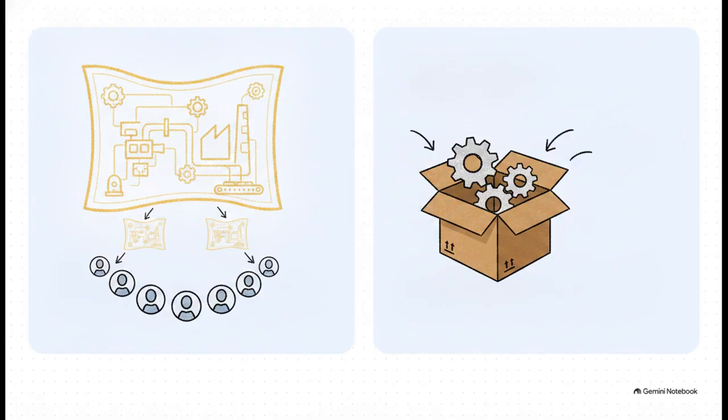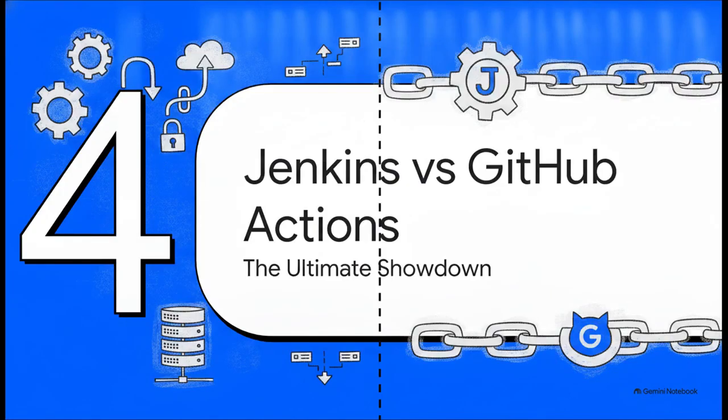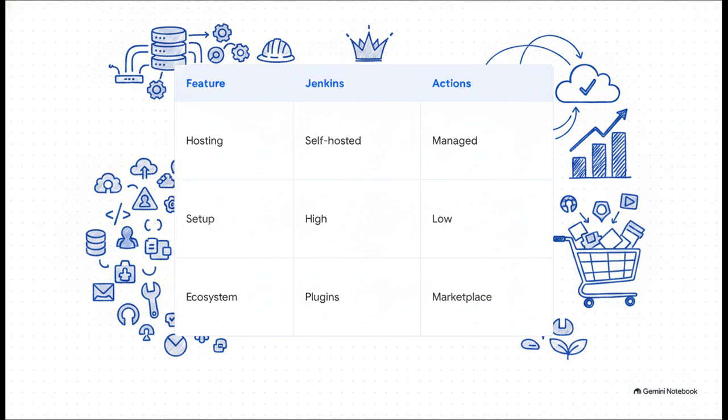in the UI. Which brings us to Section 4, Jenkins versus GitHub Actions. Let's dive into the real meat here and break down the core architectural differences. Jenkins is fundamentally self-hosted, meaning you manage the servers. GitHub Actions is primarily a managed service hosted by GitHub, though, to be fair, it does allow self-hosted runners if you want.